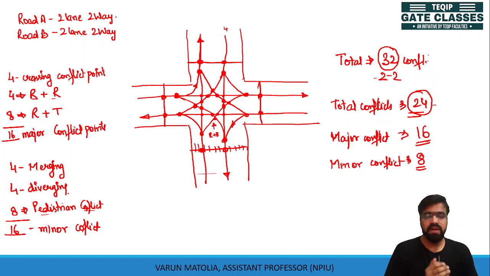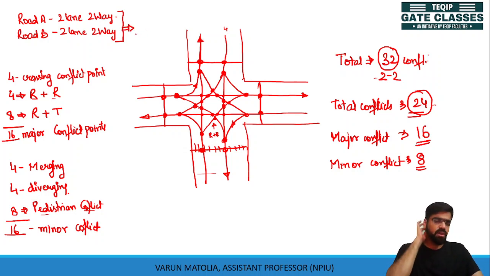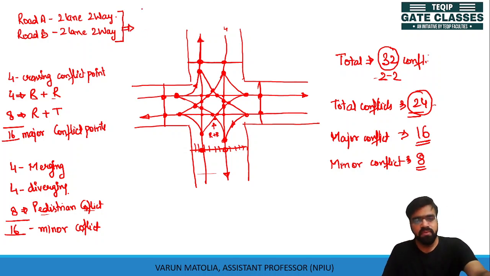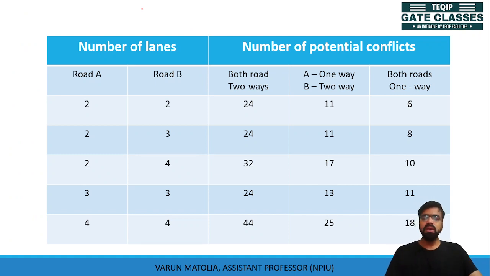These conflict points should be clear to all of you, because there may be a condition where these lane arrangements are changed. We have some values here in this table in which the lane arrangements are changed with the directional change. You can remember these three values at least.